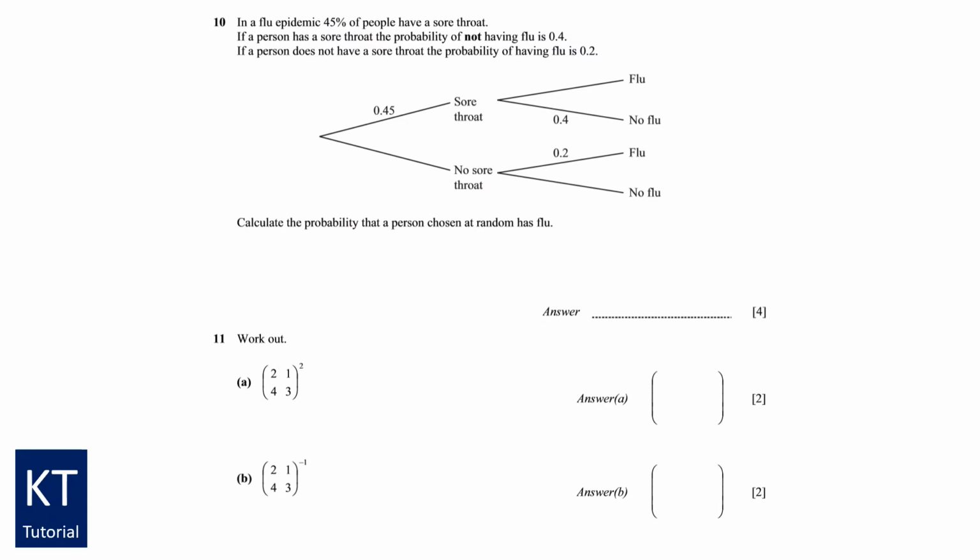Question 10. In a flu epidemic, 45% of people have a sore throat. If a person has a sore throat, the probability of not having flu is 0.4. If a person does not have a sore throat, the probability of having flu is 0.2. Calculate the probability that a person chosen at random has flu.